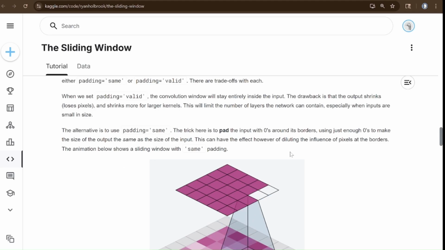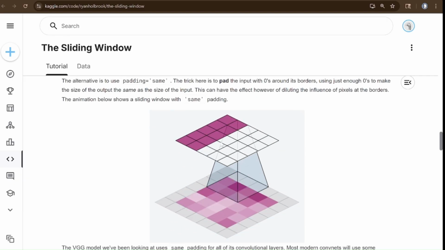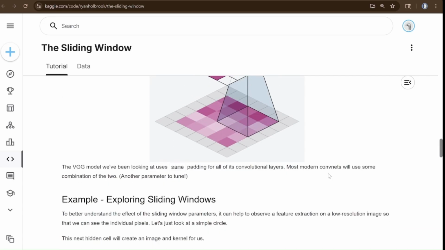Clear? Now, using just enough zeros to make the size same as the input can have the effect of diluting the influence of pixels at the borders. The animation below shows a sliding window with the same padding. You can see this is the original one, but they have added some extra on every side so that when you get the output, it doesn't get reduced. The size doesn't get reduced.